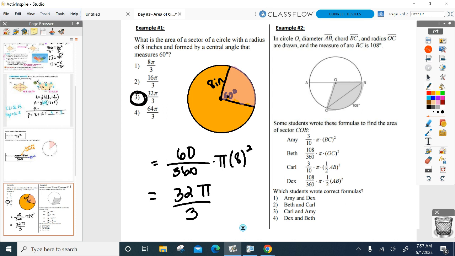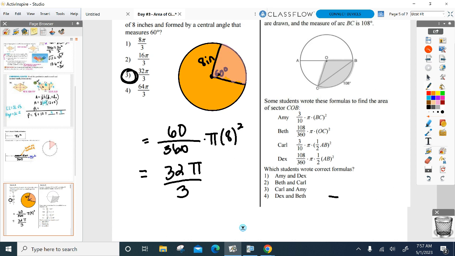All right, how about we do this? Let's write period 1's formula, and then we'll compare it to Amy, Beth, Carl, and Big Dex and see how many we agree with and how many we don't. First, here's period one's.